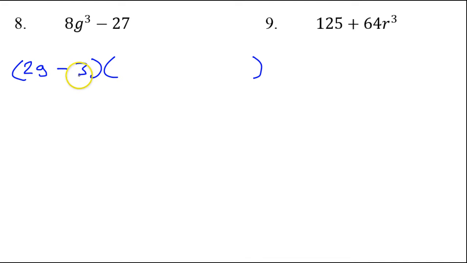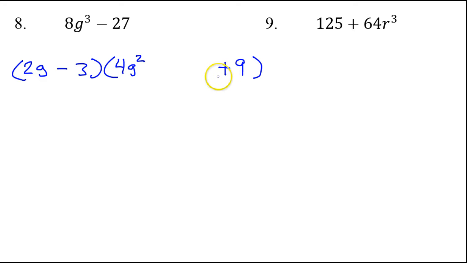Take these two terms and square each of them, and that's going to give you the first and last term. So if I take 2g and I square it, that's going to give me 4g squared. If I take 3, or even negative 3, and square it, either way I'm going to get positive 9.